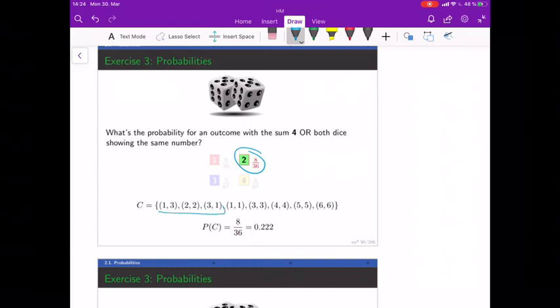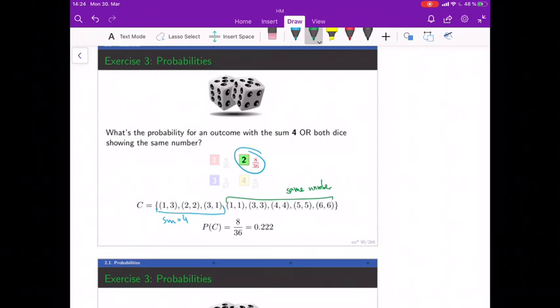These ones here all sum up to 4, and then these have the same number. So that's 8 in total, 8 favorable outcomes out of 36.